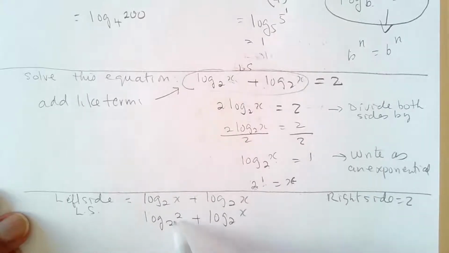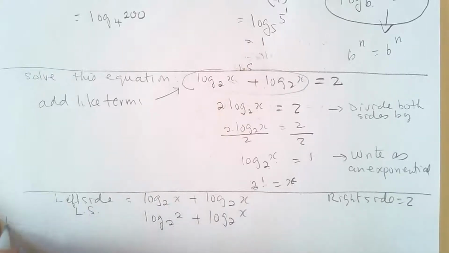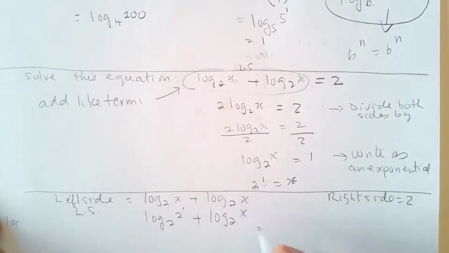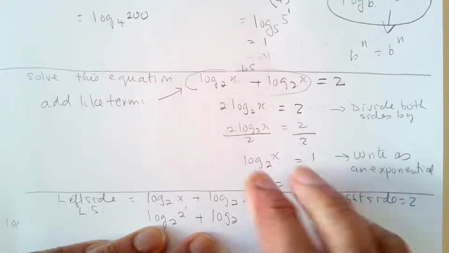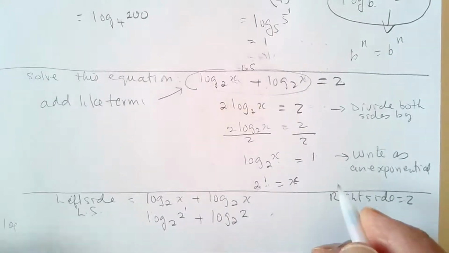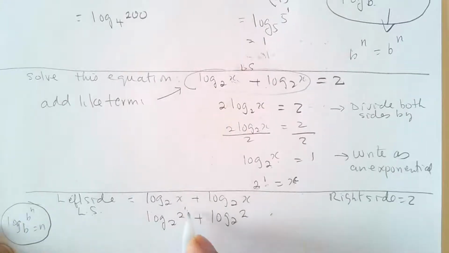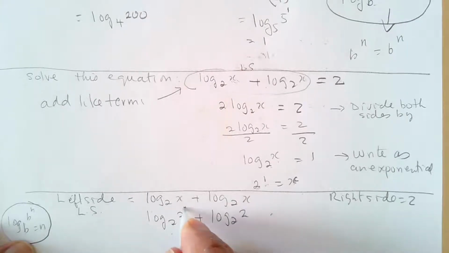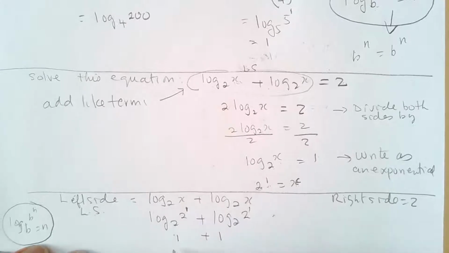So notice log base 2 of 2 will be equal to 1, because remember our rule: log base b of b to the n is equal to n. I'm using the same principle here. So this becomes 1 plus 1, which is equal to 2.